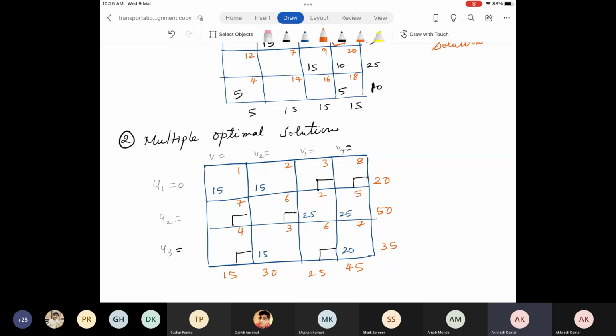Good, very good. You have found the values? Ades Dalwar?